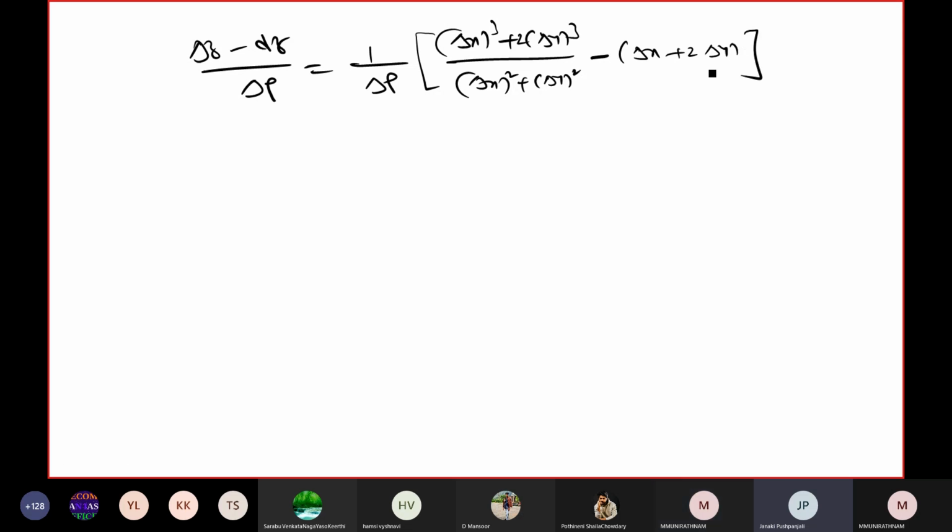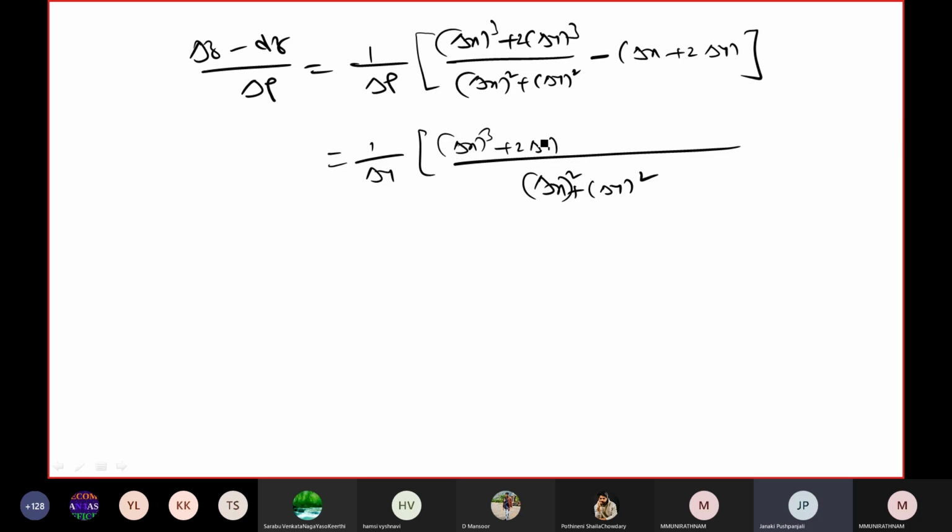Taking the LCM, we get delta x plus 2 delta y, delta x whole square plus delta y whole square.